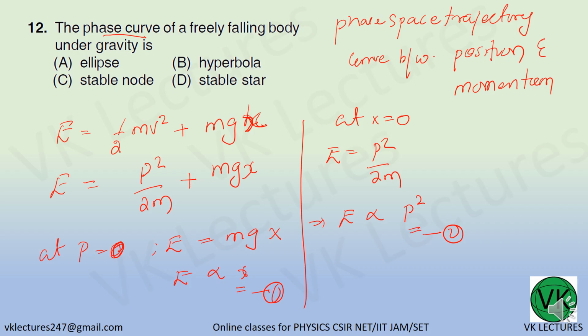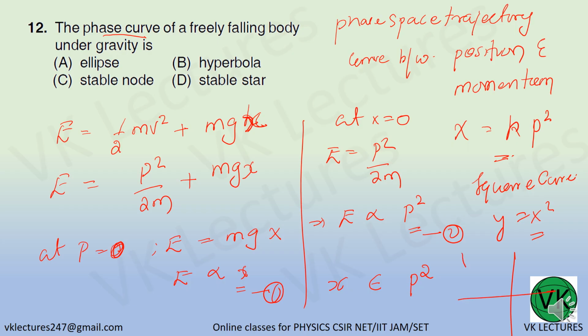Then we can write x is proportional to p squared, or x is equal to some constant k into p squared. Now this is a graph of a square curve, like y equal to x square.